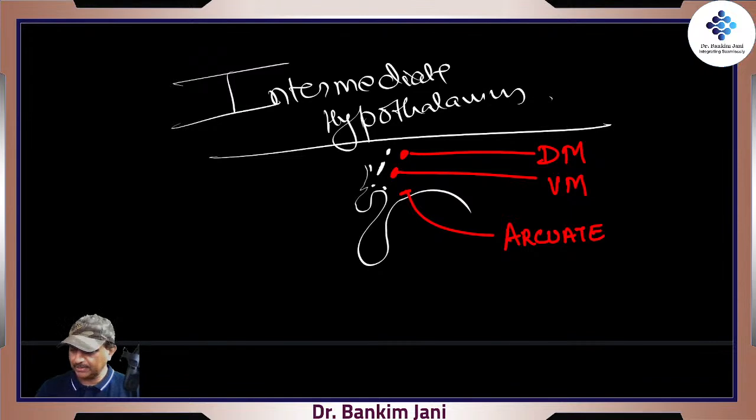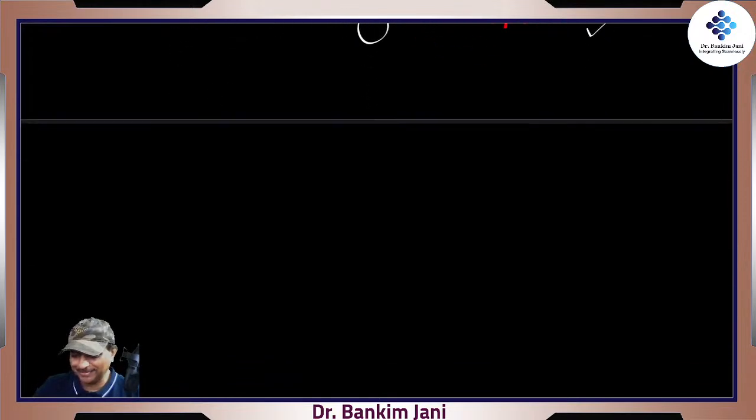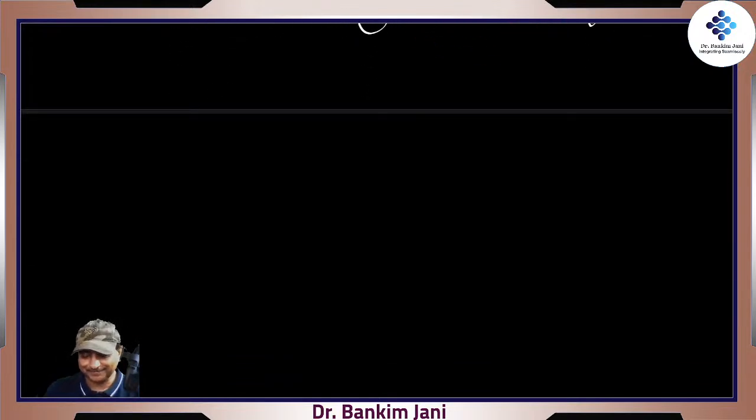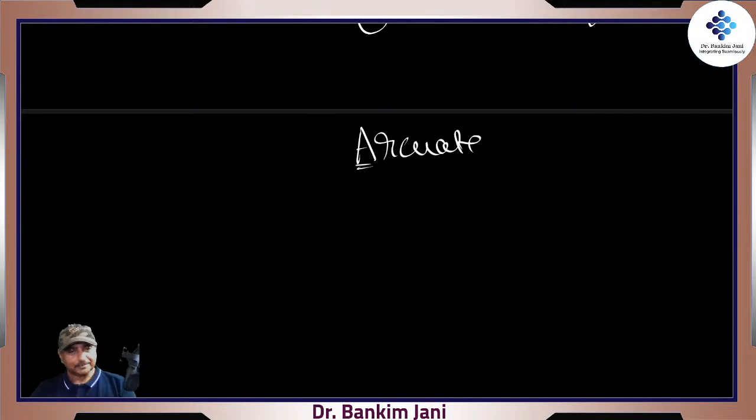So let's start with the arcuate first, because DM and VM are like a party. Arcuate. A for A. Who will be feeding to it?